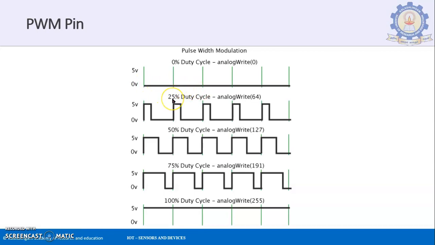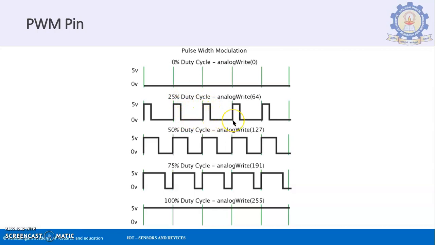Next, 25% duty cycle. What does the percentage mean? Please remember the percentage always represents the on time of the pulse signal. So 25% means 25% of the time it is on, and the remaining 100 minus 25, 75%, it is off. 25% on, 75% off.